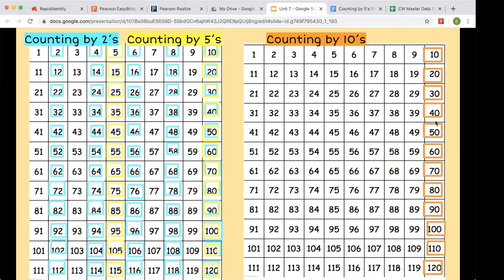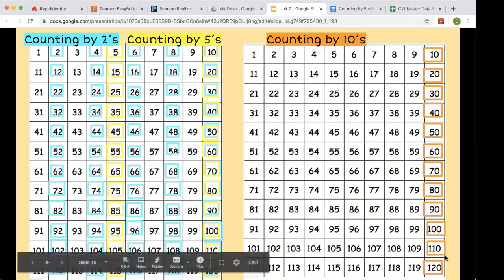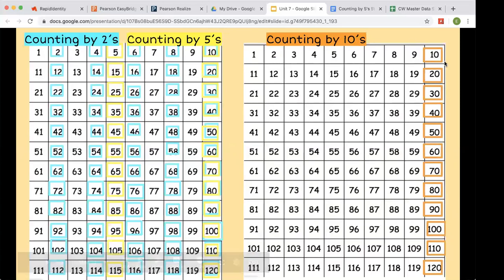Remember, columns go up and down, okay? And if we start over here on our counting by 10s, hundreds chart, we can see that 10, 20, 30, when we go down a hundreds chart, we are going down by 10, plus 10. Because when you go down a hundreds chart, numbers are getting larger.